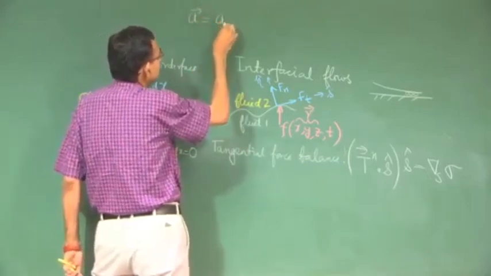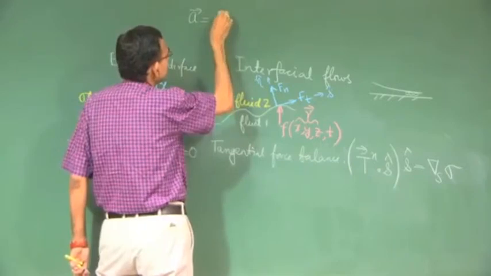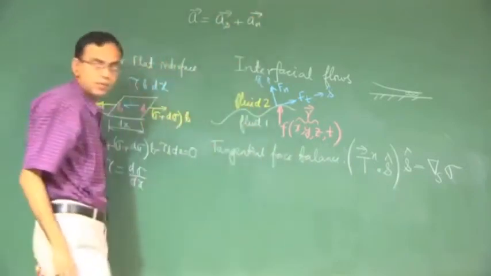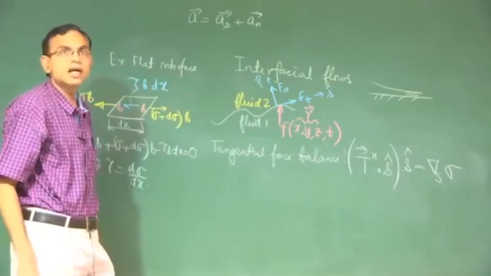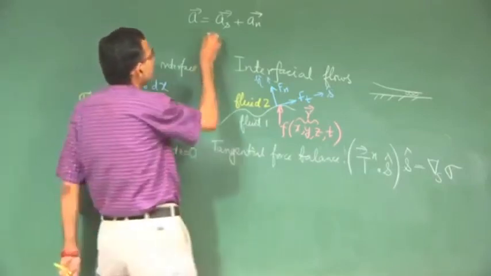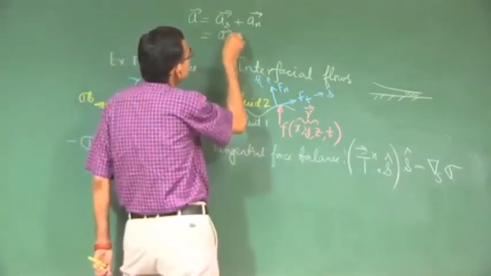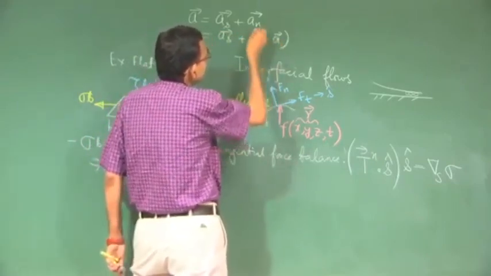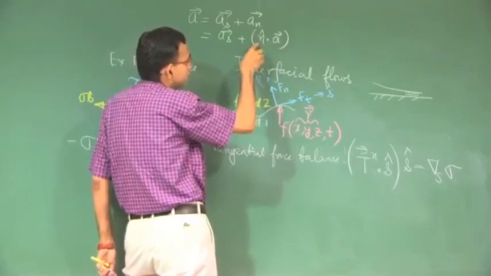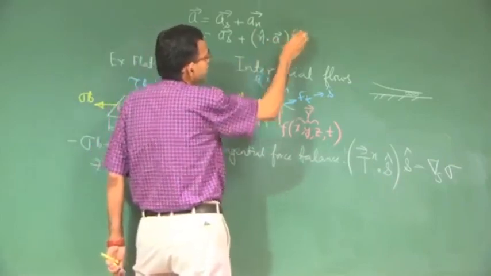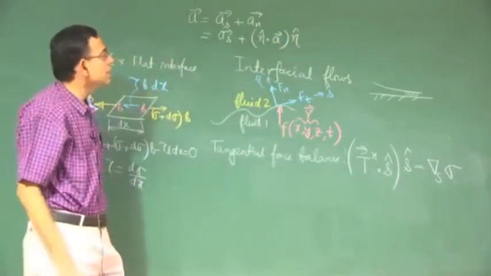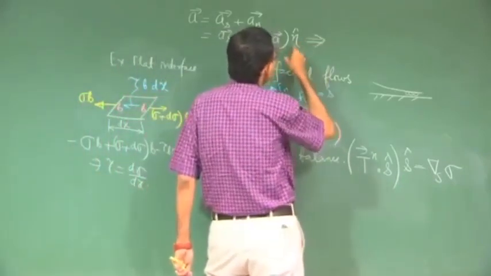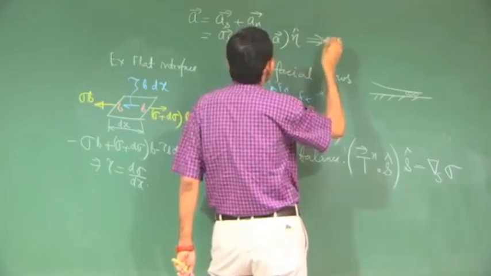So, acceleration is the sum of the tangential component and the normal component. Normal component is this one. In a vector form you have to also give the position vector, unit vector in the direction.